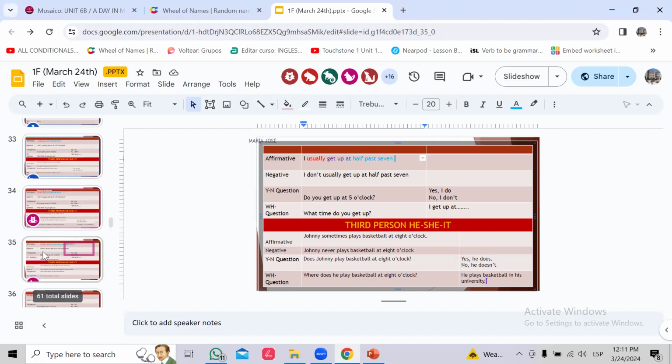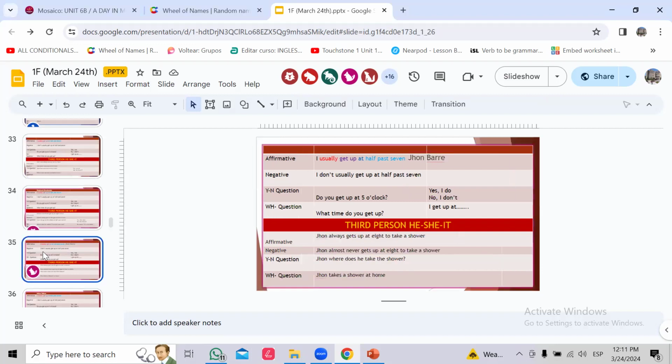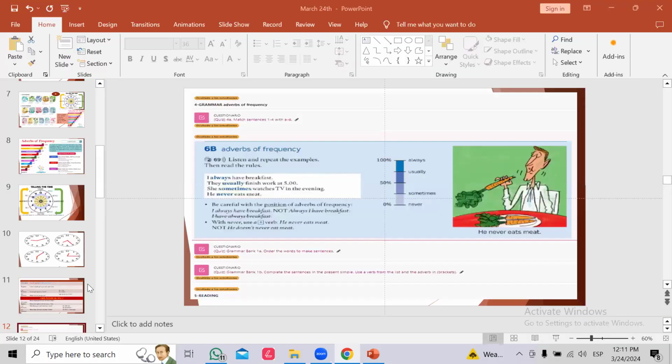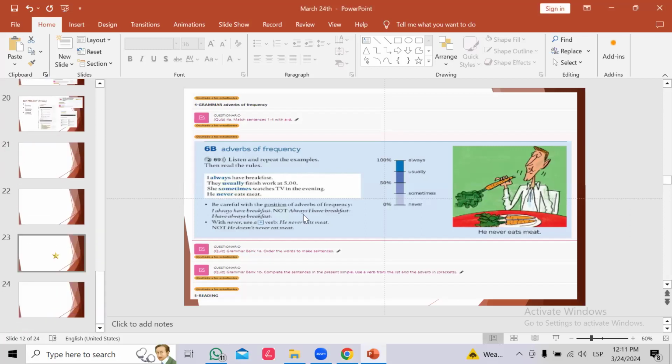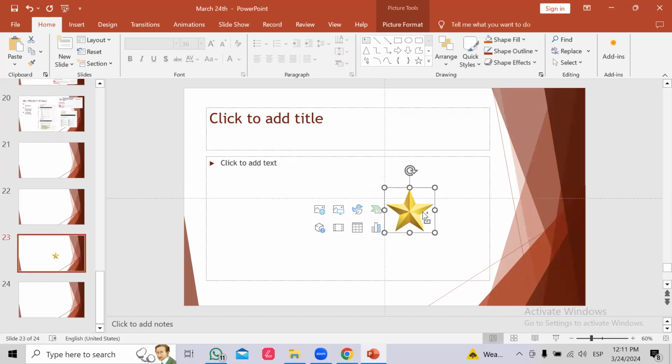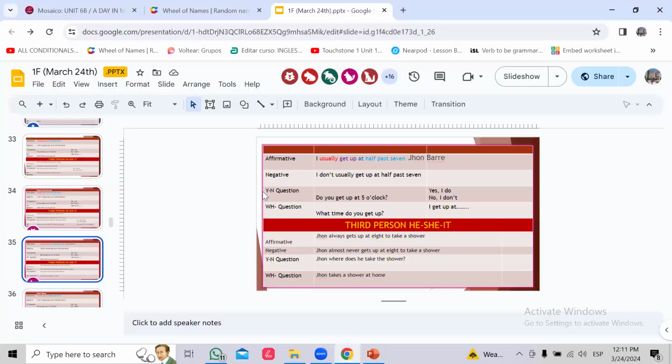Let's see the last one. Bueno, el que caiga, la 35, vamos viendo. Let me copy my star. Where's my star? Here. There's my star. Okay. John Barry.